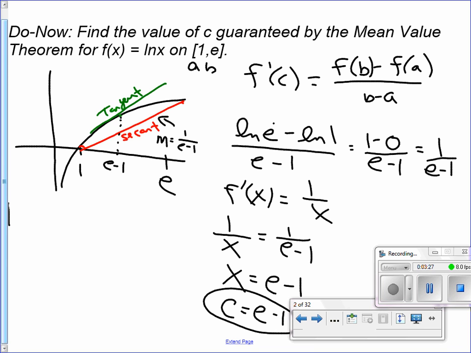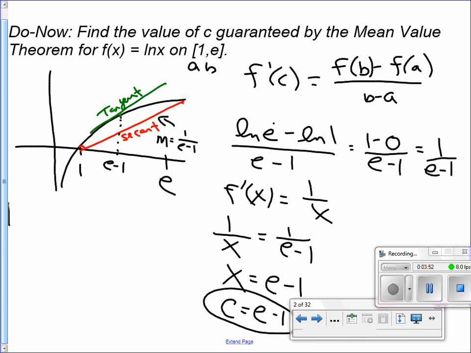Audrey, question? What's bugging you? Well, do you see the first thing though? First, you had to get the f of b minus f of a over b minus a. You had to get the slope of the secant line, just slope formula. They gave you the a and the b, the endpoints of your interval. So you have to get the y's that go with each of those. That's what the numerator is.